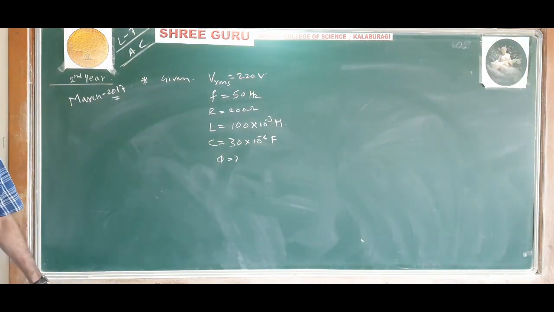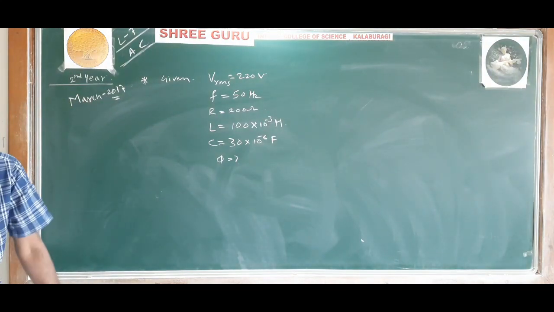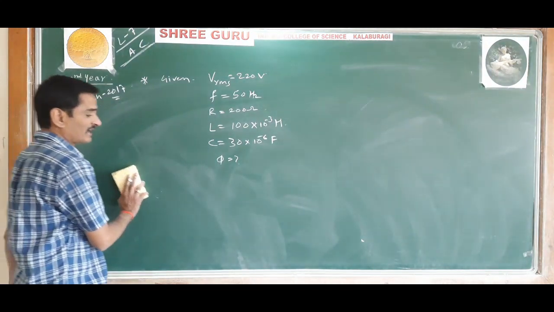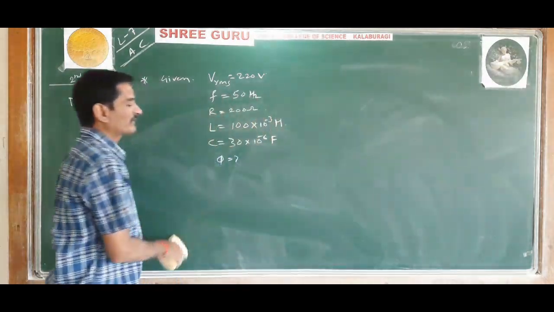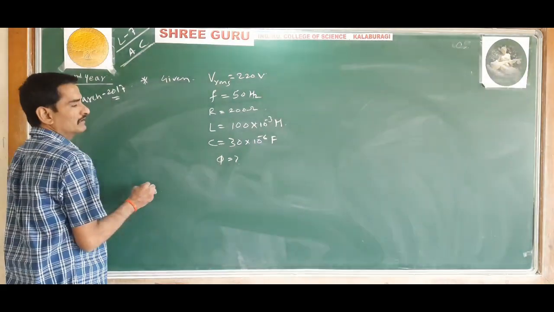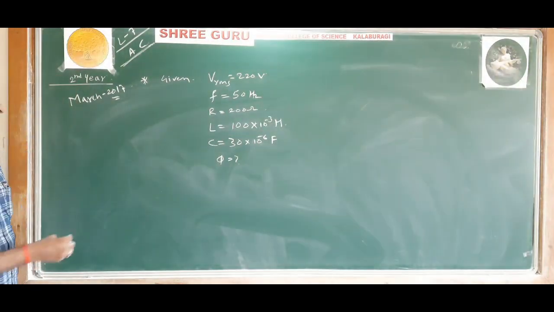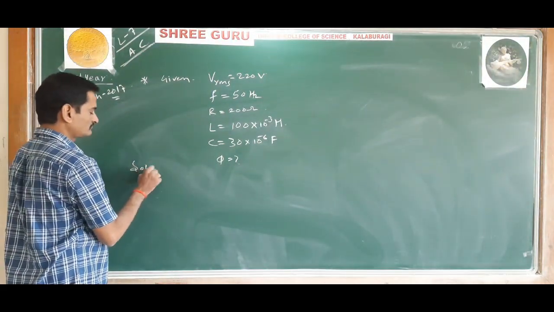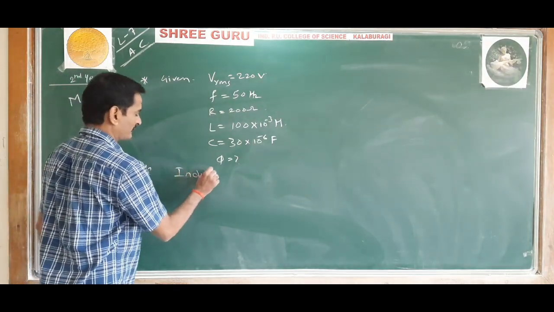Whether the current leads or lags the voltage can be decided by using the values of XL and XC. So first find the inductive reactance and capacitive reactance.